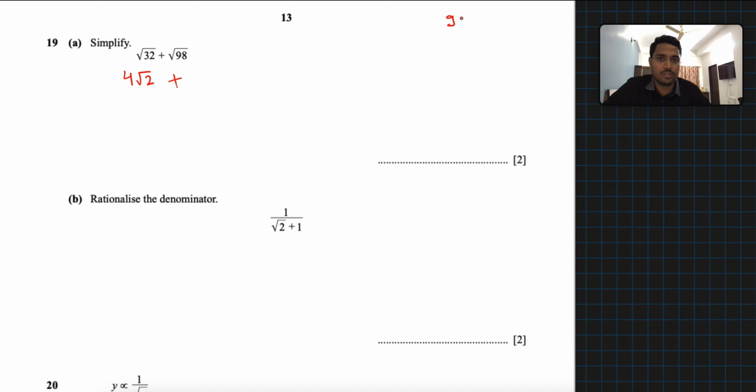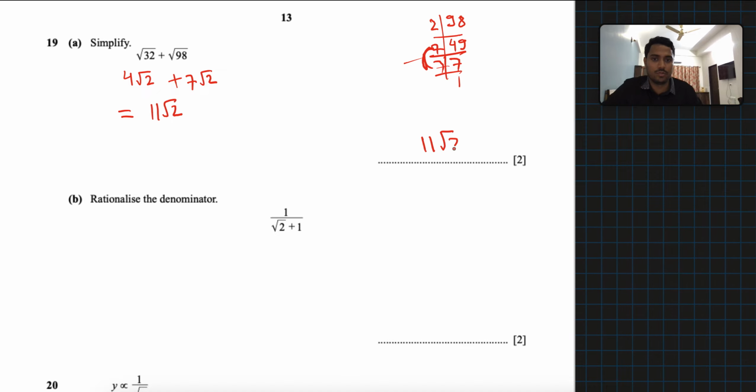So for root 98 we can check, 98, 2 times 49. Again, 7 squared is 49. We can write 7 root 2. So 4 root 2 plus 7 root 2 is going to be 11 root 2. That's the answer, 11 root 2.